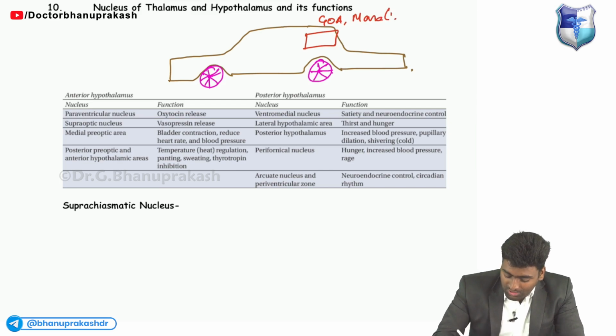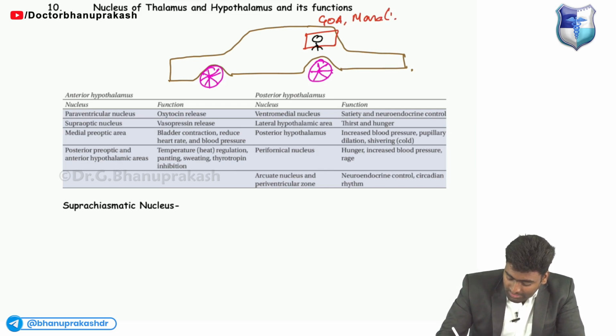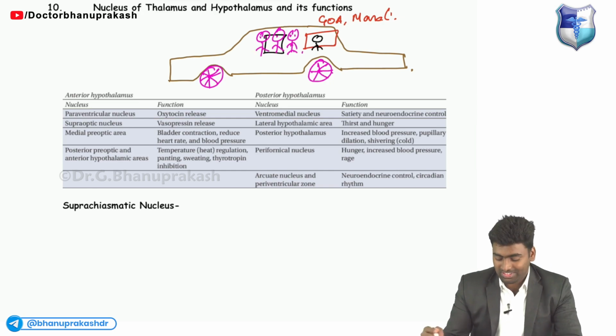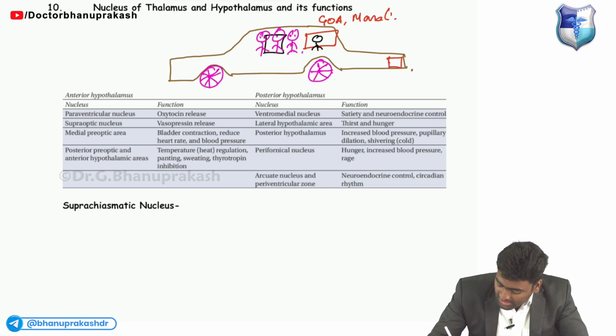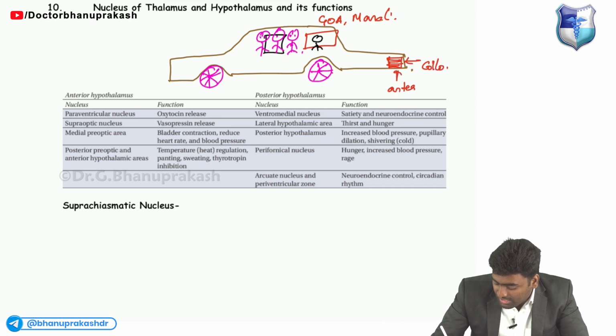If you are going for a trip, obviously one will be driving, and there will be some other doors in which you and your friends will be sitting. Imagine this scenario. In a car, there will be a radiator. The radiator is for cooling. So the anterior nucleus of the hypothalamus is for cooling of the body.